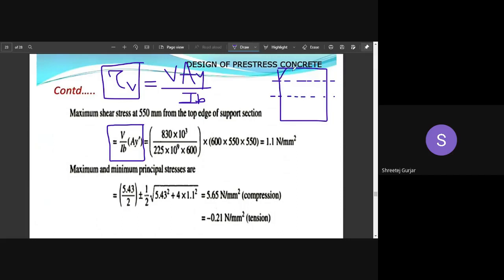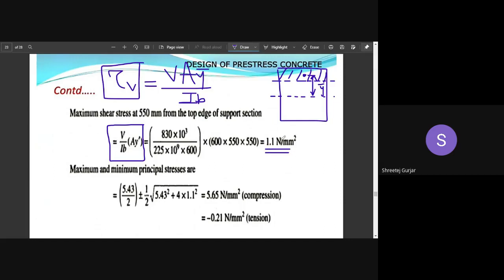So area A is this area, and y bar is the distance of the CG of this area from the neutral axis. A is this particular area, and y bar is known. I and B are also known. So you can substitute all these things and calculate the shear stress.